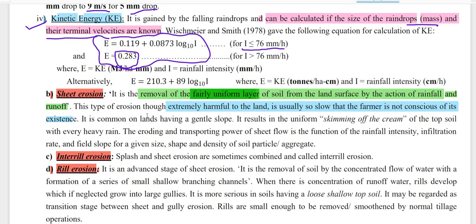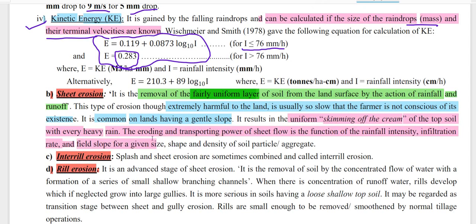It is common on the land having gentle slope. If gentle slope will be there, it will be very much common. It results in uniform skimming of the topsoil with every heavy rain.